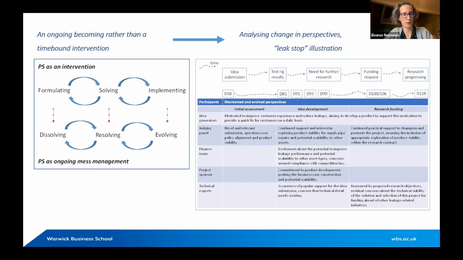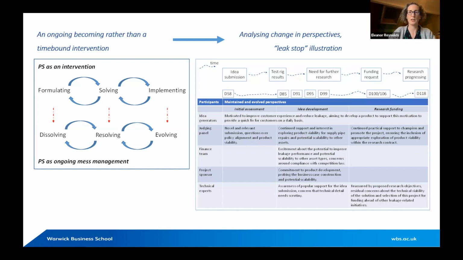I think probably people would recognize and associate these mainly with Ackoff, when he's thinking about dissolving or resolving problems and this never-ending evolution of situations. So here I'm thinking of perhaps problem structuring as an ongoing mess management rather than a project-based, here's an intervention, here's the beginning, the end, and then maybe we'll have another one later.